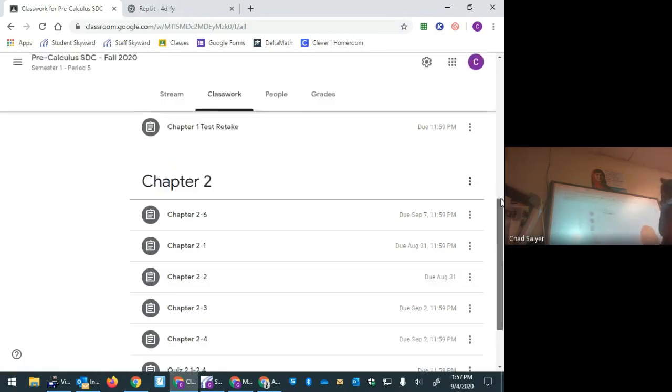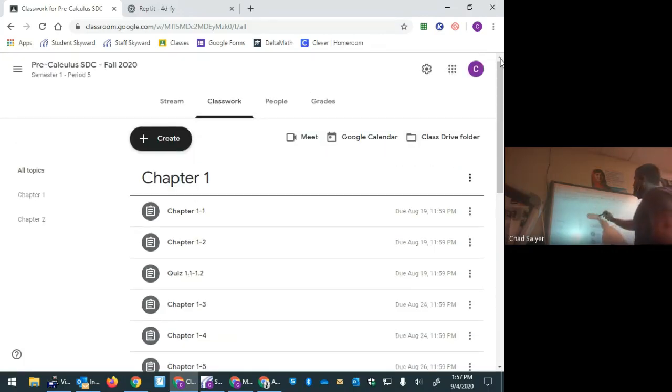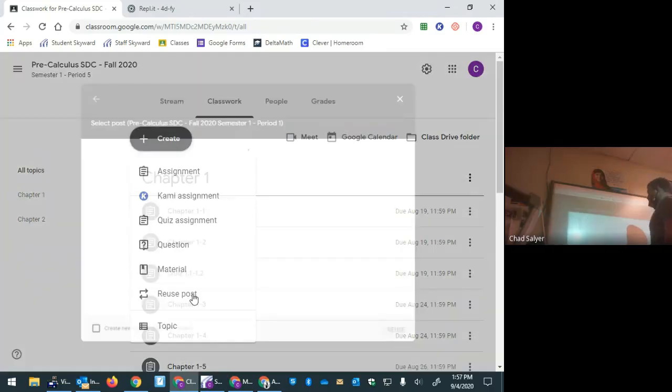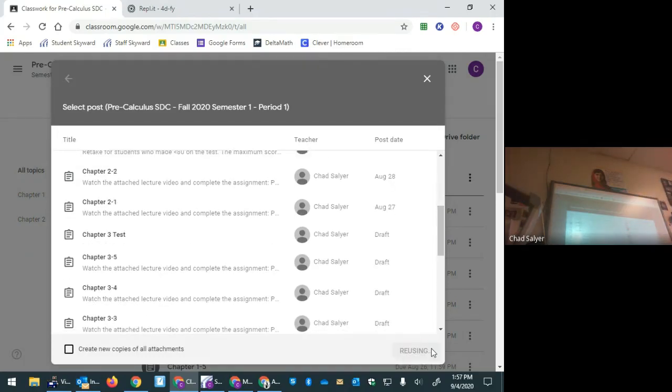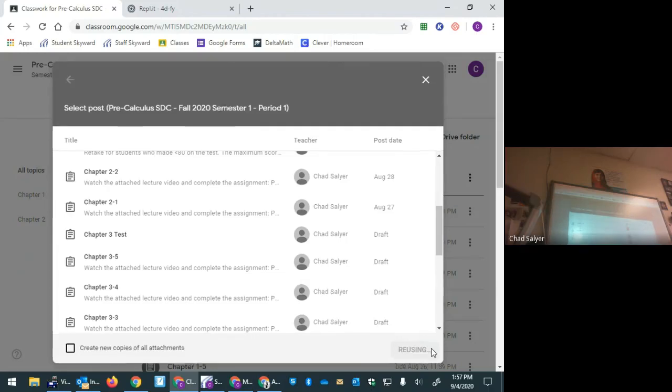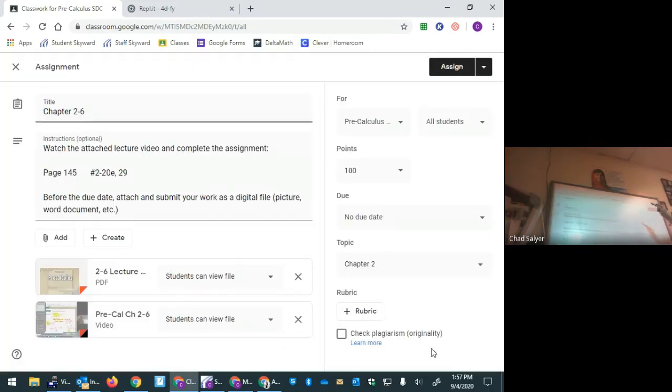Should be chapter 2, part 6. There it is. So page 145, 2 through 20 even, and then also 29. And you guys will have plenty of time to work on that.